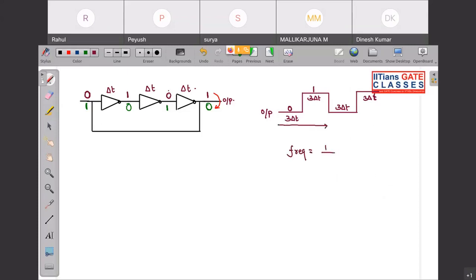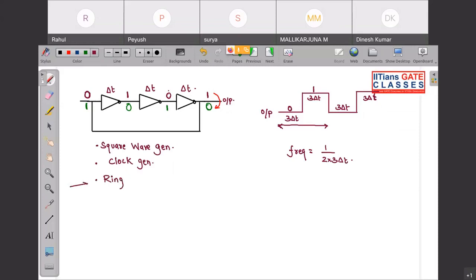This is the time period of the waveform, which is 3 del t plus 3 del t, that is 6 del t, or 2 into 3 del t. So this circuit is known as a square wave generator, or in analog terms, a clock generator, or also a ring oscillator.